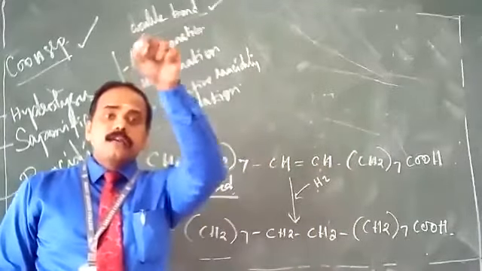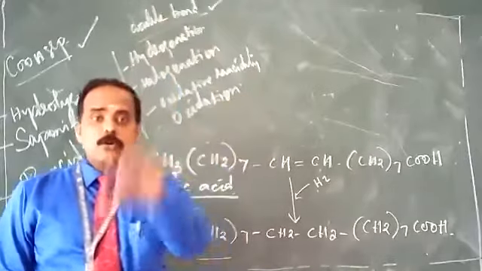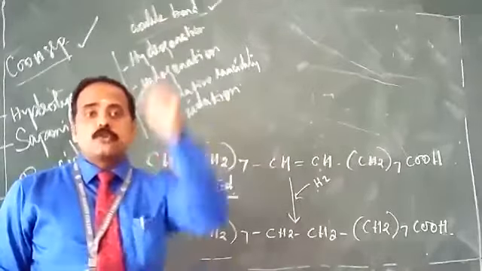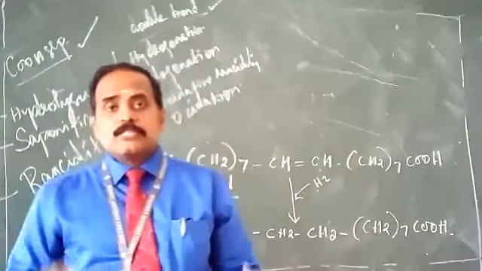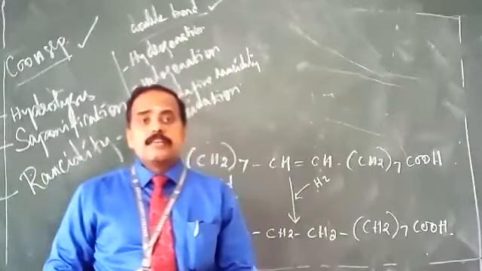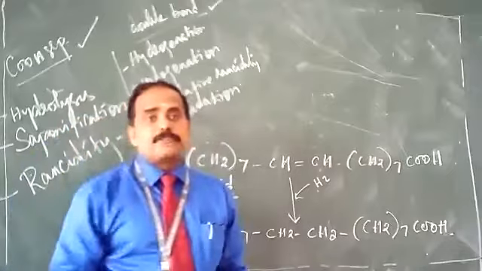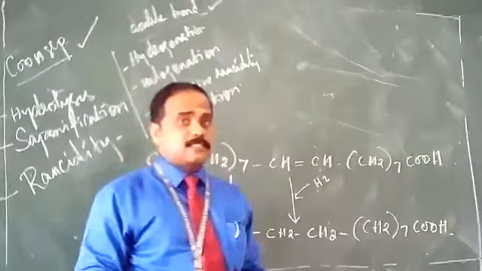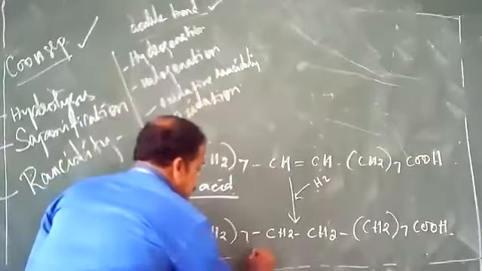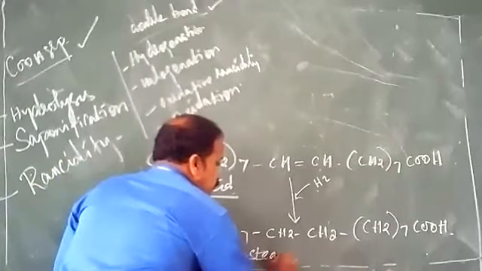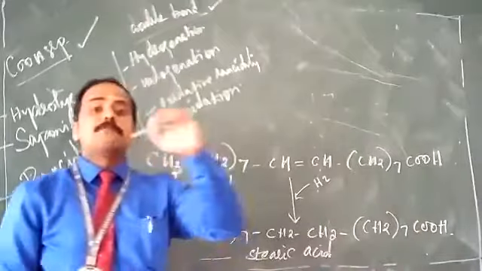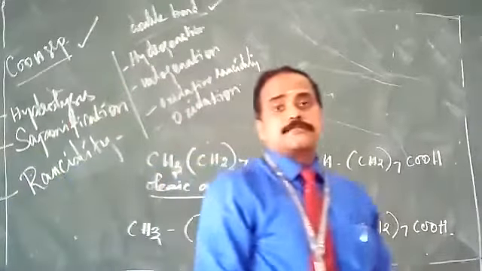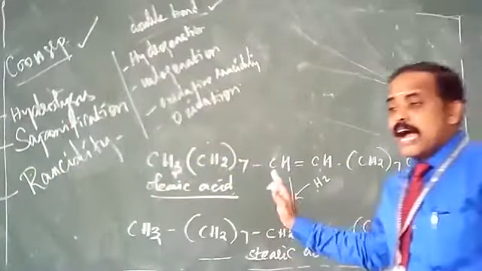So this reaction signifies conversion of unsaturated fatty acid to saturated fatty acid. It becomes stearic acid. Conversion of oleic acid into stearic acid is a familiar example of hydrogenation.